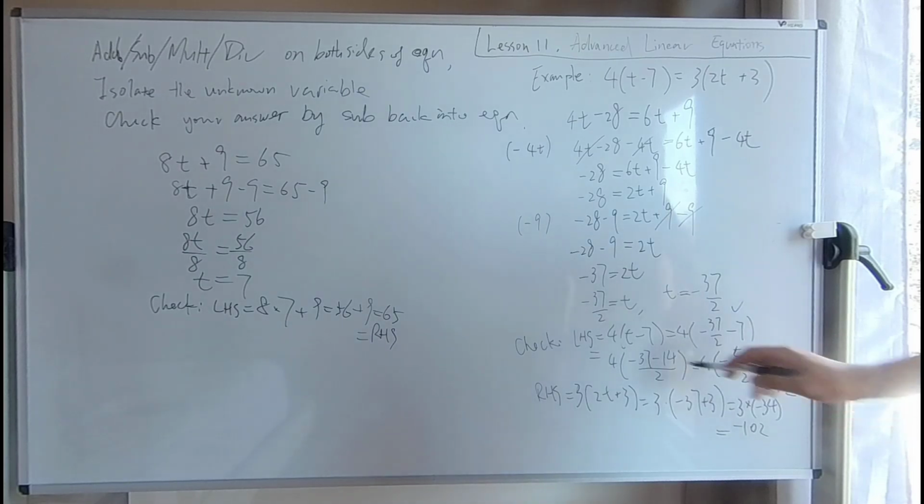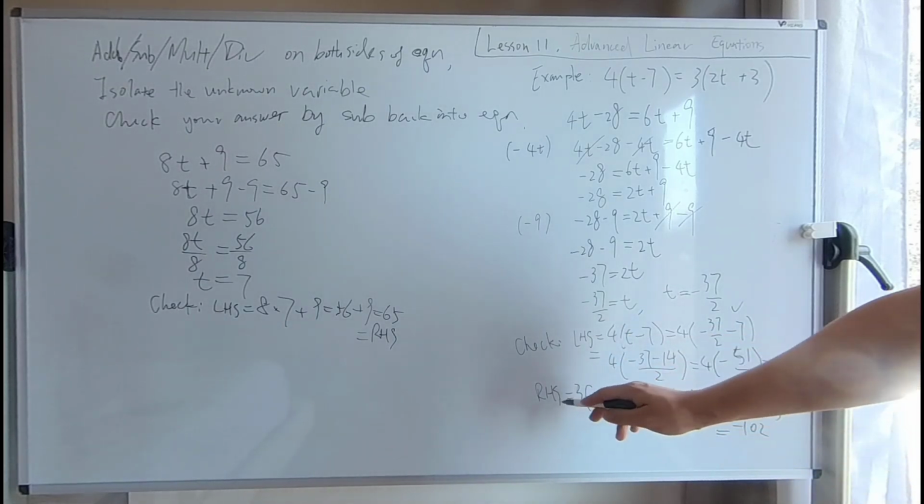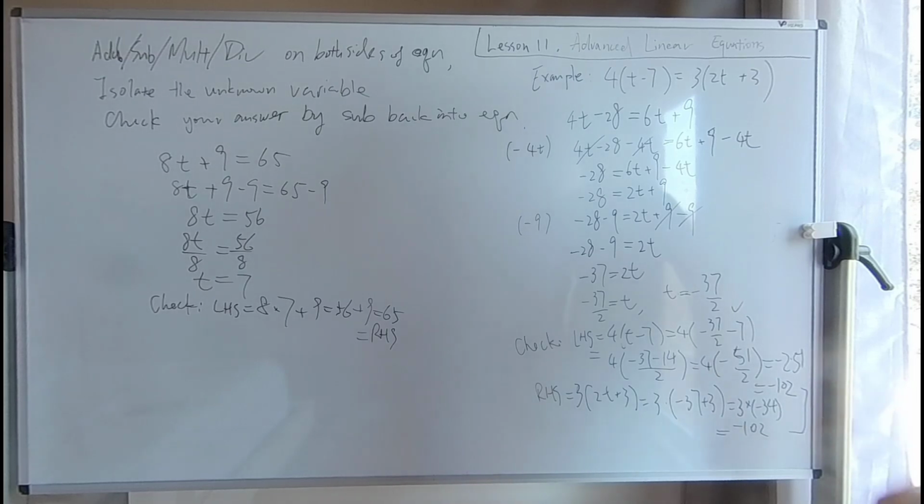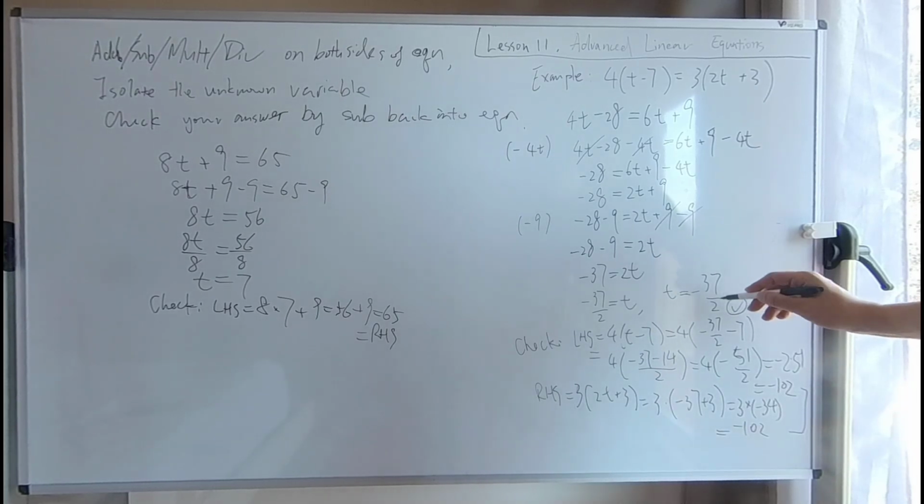So it's minus 102 on the left-hand side and minus 102 on the right-hand side, so they are equal to each other. So yes, this is the solution.